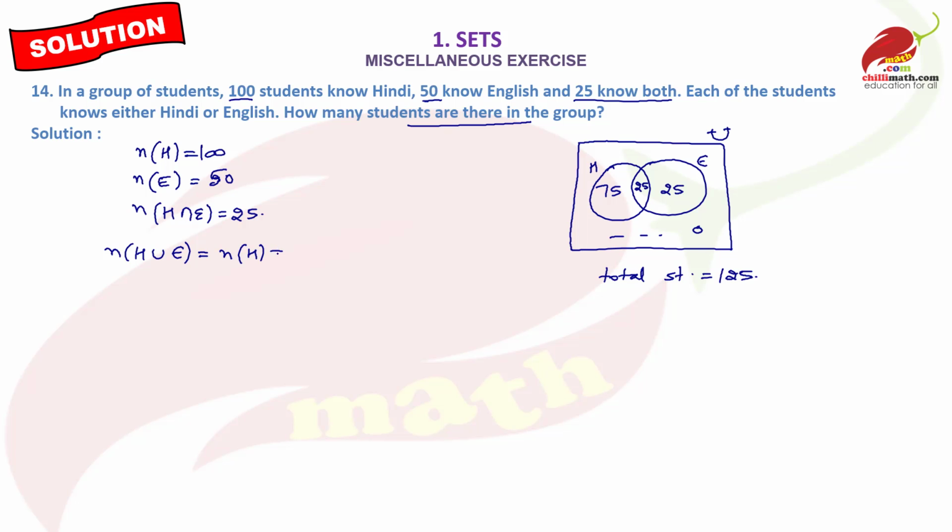So NH plus NE minus N of H intersection E. So this is 100 plus 50 minus 25, that is 125.